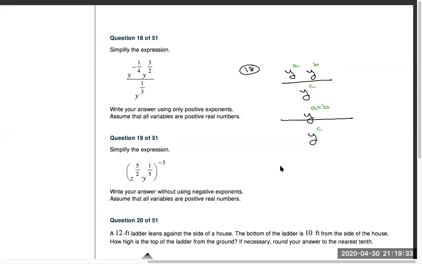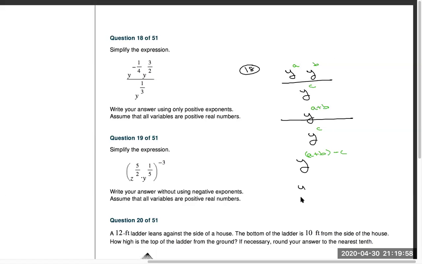And then in the next step, remember that when your y's combine with a quotient like this, you're going to subtract the bottom exponent from the top. So we have a plus b, the exponent, minus c.